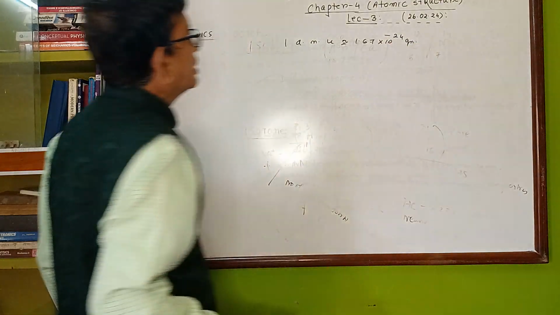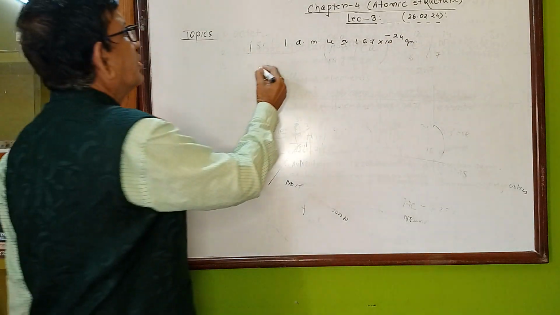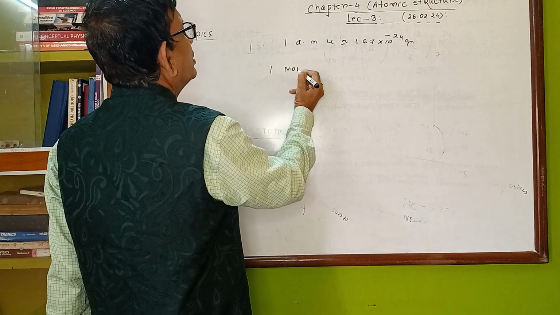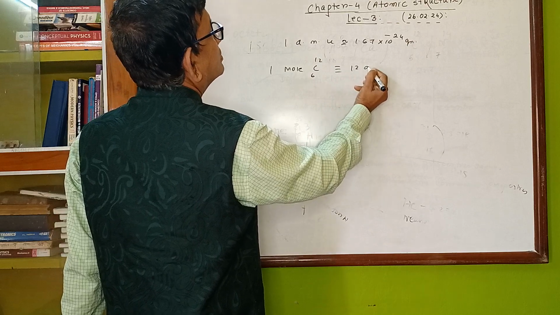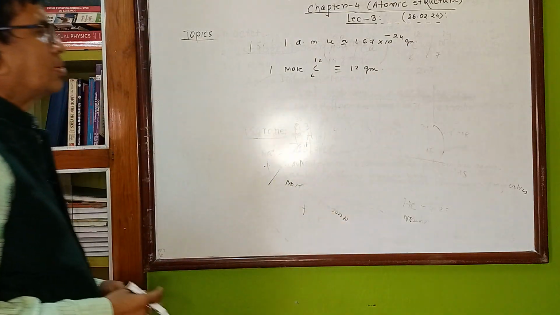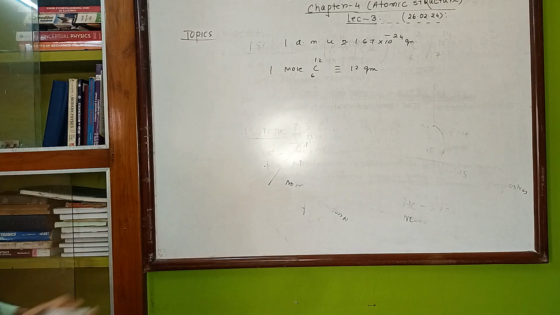How is it coming? Now you know 1 mole of carbon means 12 gram. Clear? 1 mole of carbon means 12 gram.